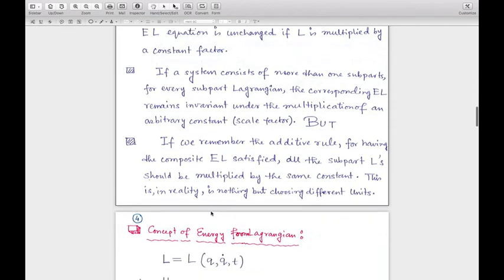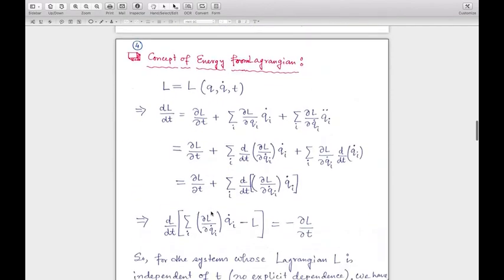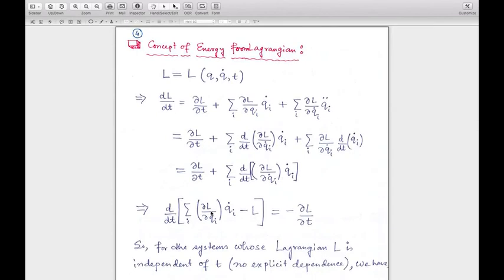Okay. Now we try to understand finally whether we can extract the concept of energy from the Lagrangian, at least for our very familiar classical mechanical systems.